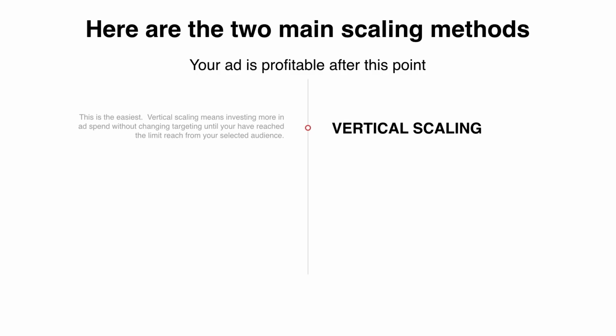Changing absolutely nothing, but increasing that to $100 a day means that you'll be making 5 times more money. If you're putting in $20 and making $30, if you go up to $100, you'll be making $150 a day. So vertical scaling is just basically putting more money in.